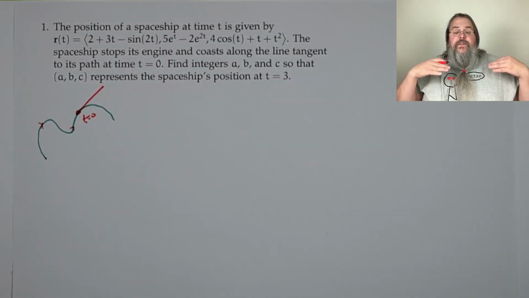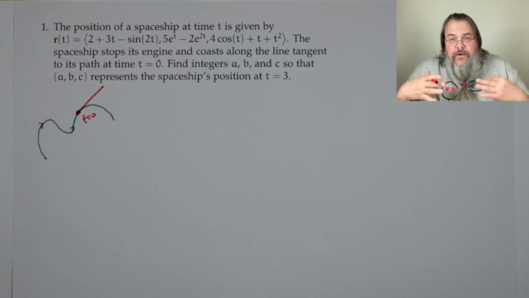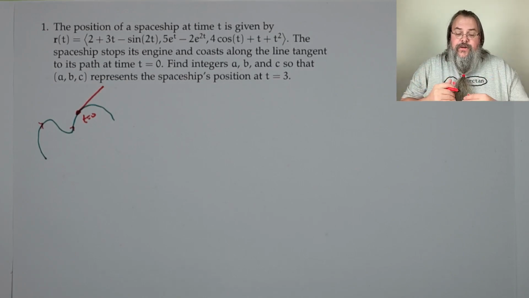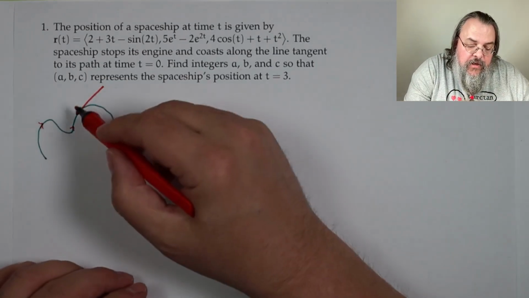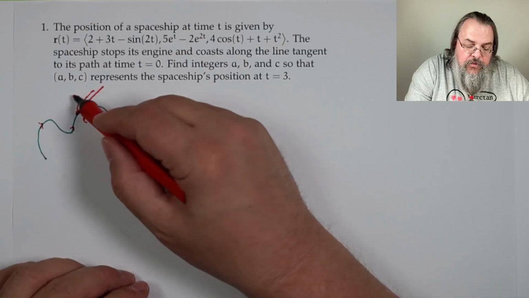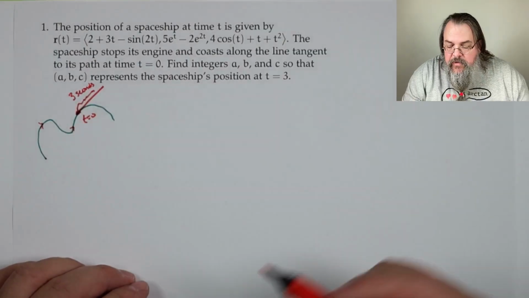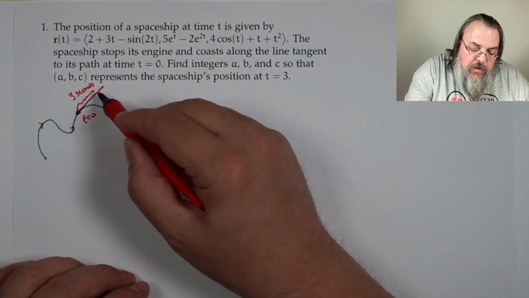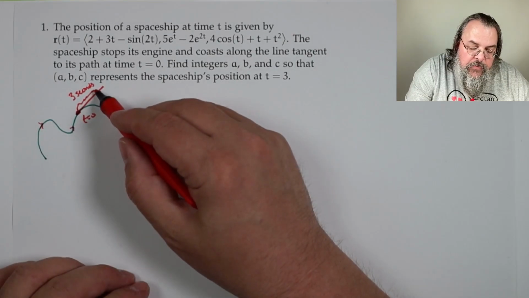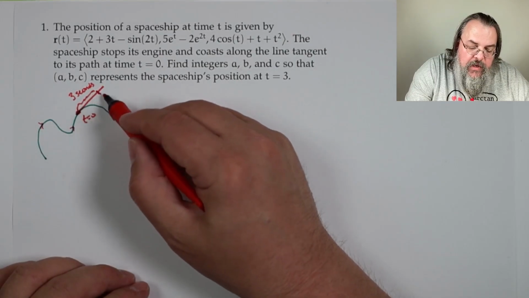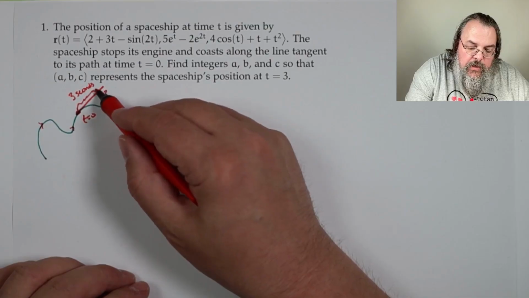In other words, you're going to keep going in the direction of motion that you're currently going, and you're going to do that for 3 seconds. I'm assuming this is 3 seconds, but it could be minutes, days, whatever. 3 pieces of time.